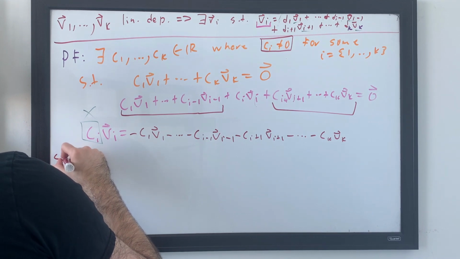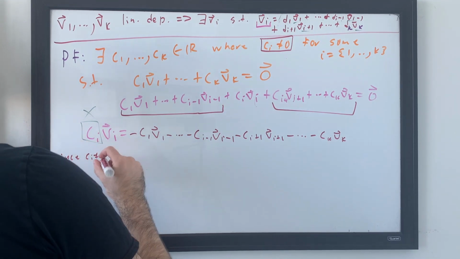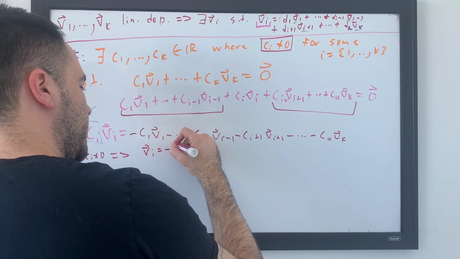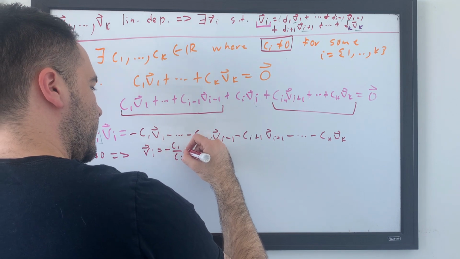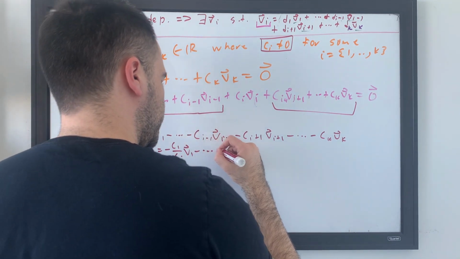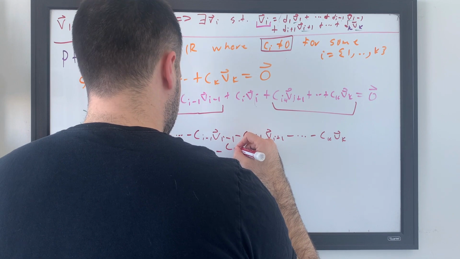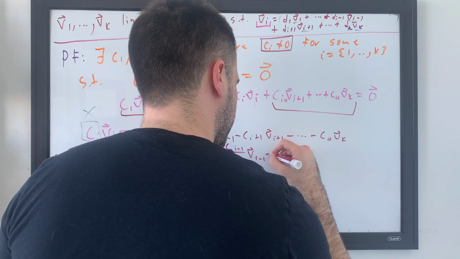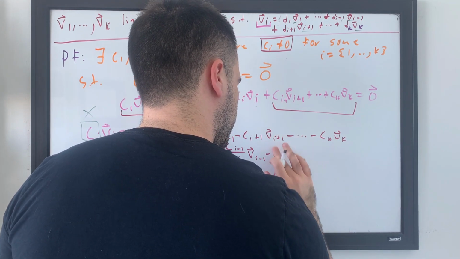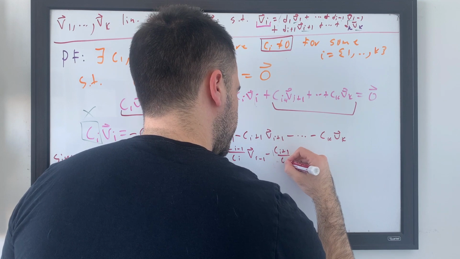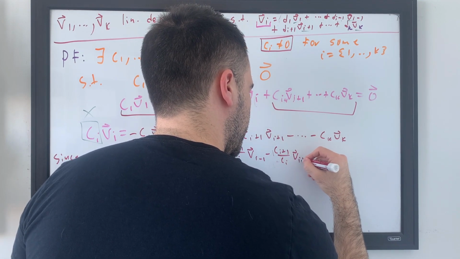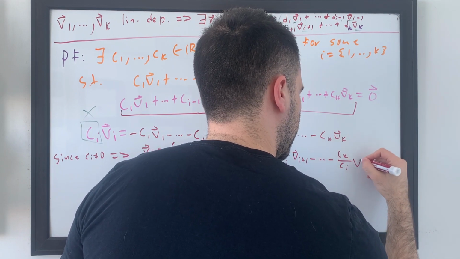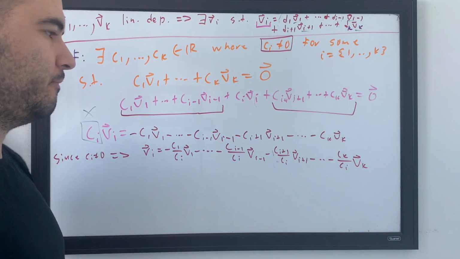So we'll write here, since ci is not equal to 0, this then implies vi is equal to minus c1 over ci v1 minus ci minus 1 over ci vi minus 1 minus ci plus 1 over ci vi plus 1 minus all the way to ck over ci times vk.